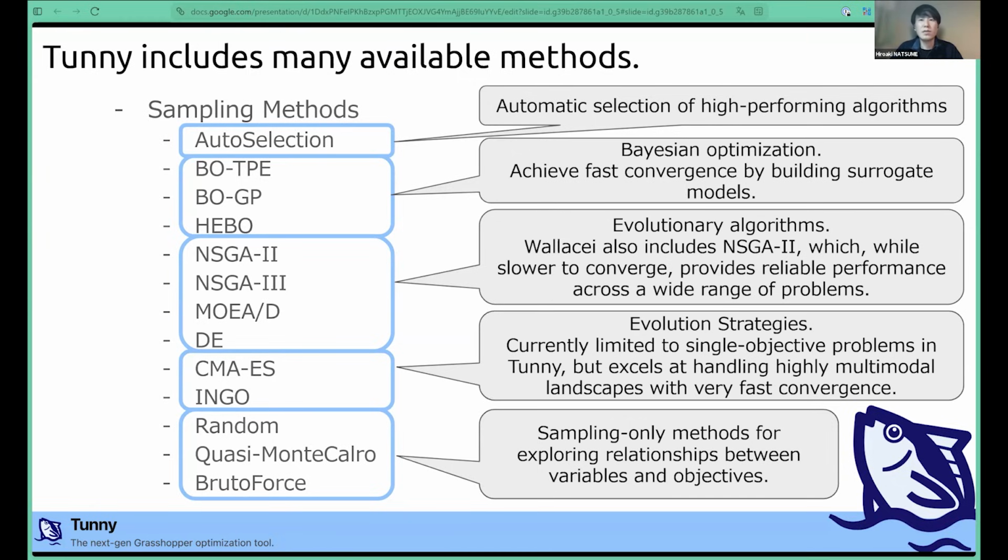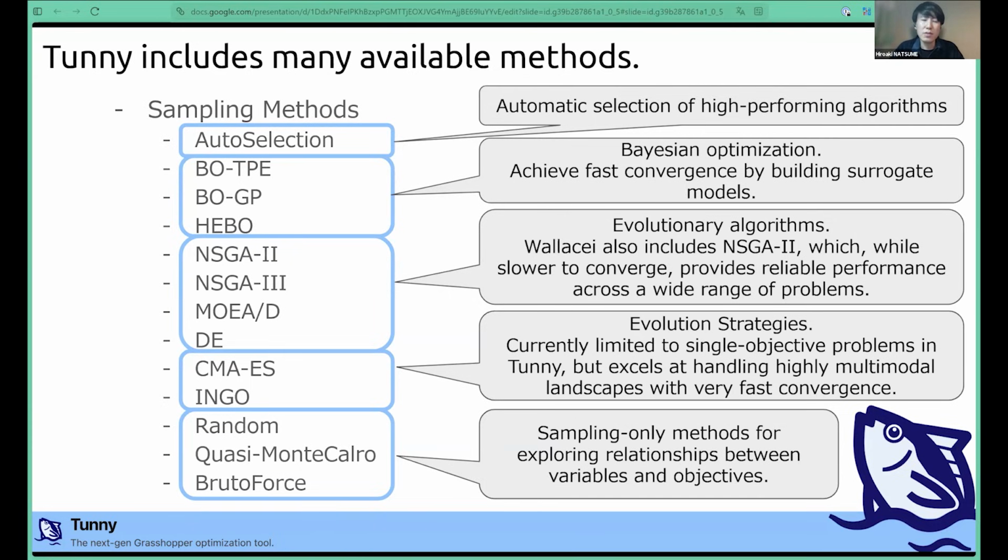Evolutionary algorithms, including NSGA-II and III, MOEA/D, and DE, differential evolution, are well-established methods. Tunny also includes NSGA-II, which, while slower to converge, provides reliable performance across a wide range of problems.